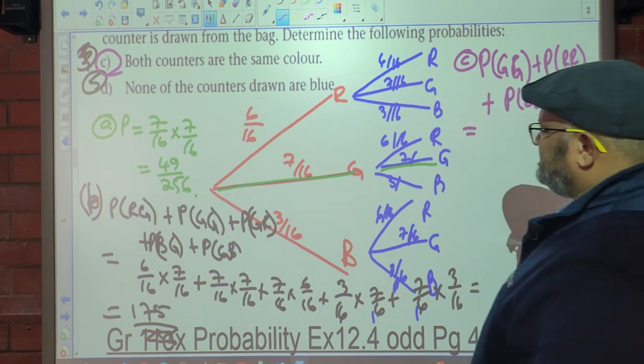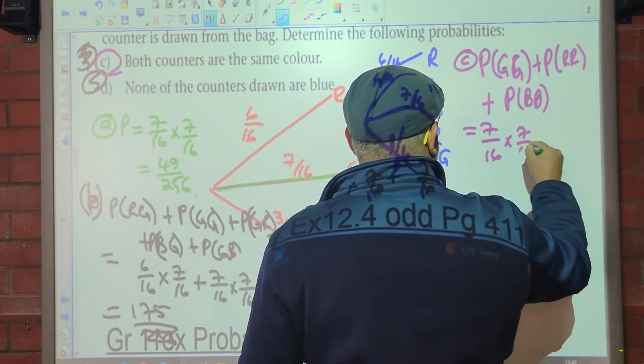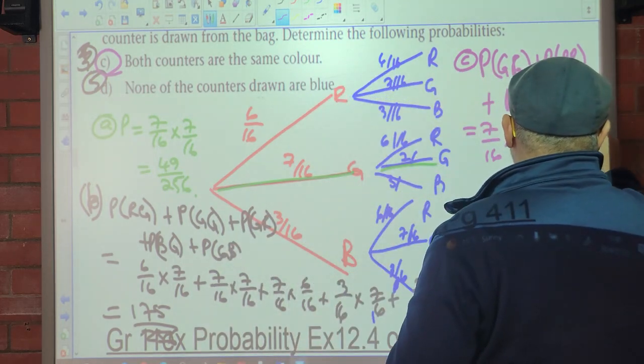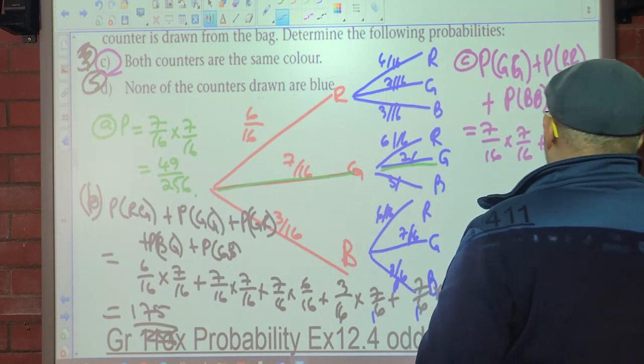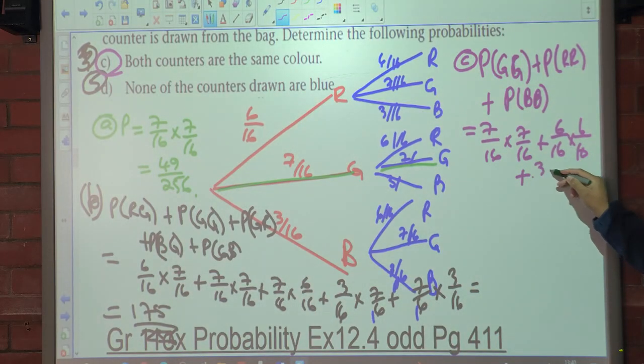So green, green: 7 out of 16 times 7 out of 16, plus red, red: 6 out of 16 times 6 out of 16, plus blue, blue: 3 out of 16 times 3 out of 16.